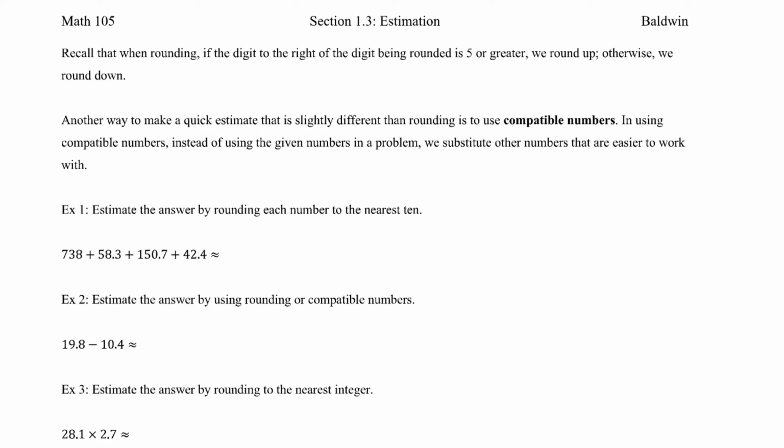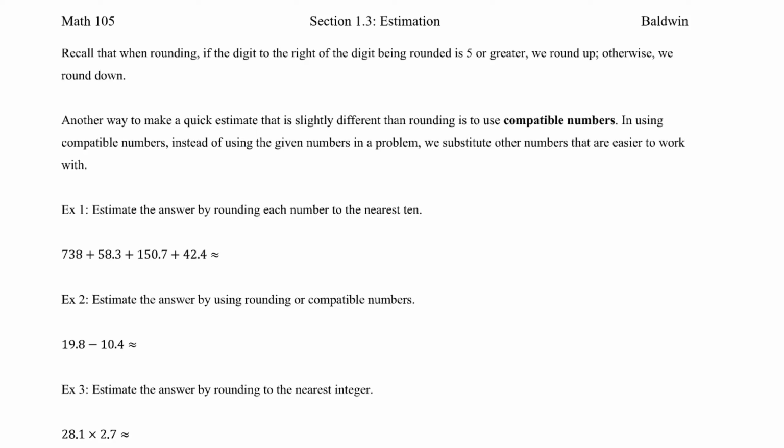When we are working a problem in mathematics and we have to round, we want to look at whatever digit we're rounding to. If we're rounding to a specific digit, we have to find the digit directly to the right of that value. If that number is 5 or bigger, we round up.